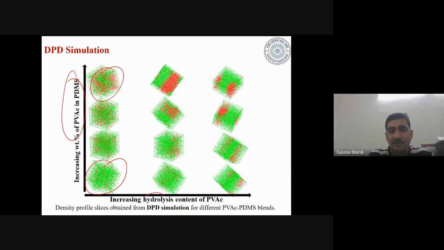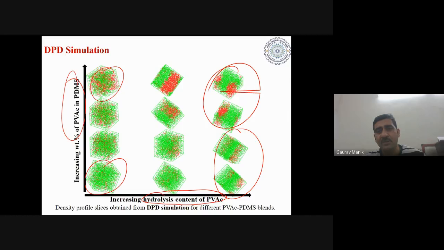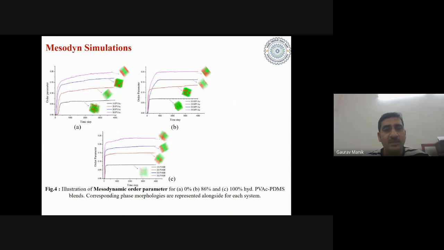We also did some results with different hydrolysis content of polyvinyl acetate, and with larger content you see that the numbers are not very good. The visual representations indicate that incompatibility happens. So you can also try to understand whether compatibility issues will happen at specific concentrations between two polymers, and at what concentrations they will happen. These are general thought processes around that.